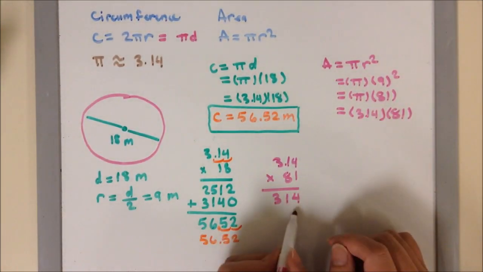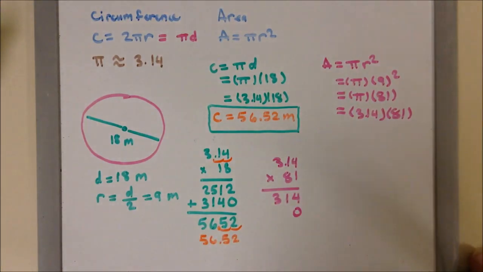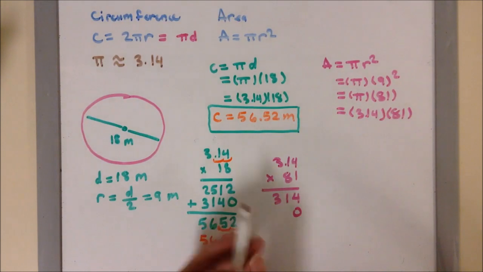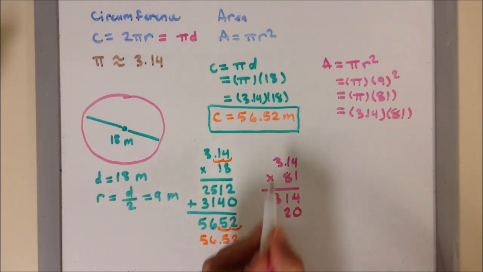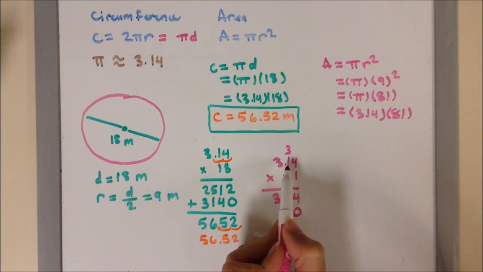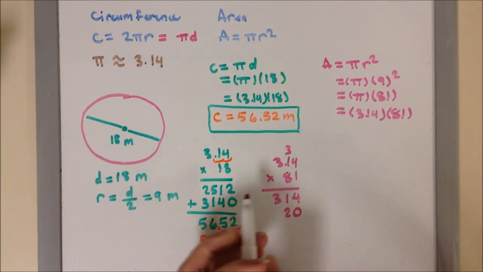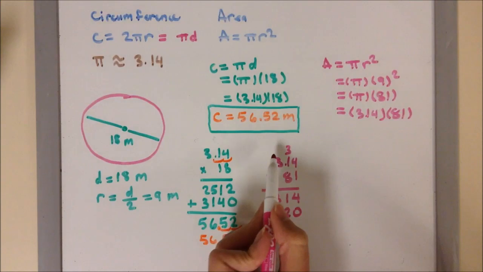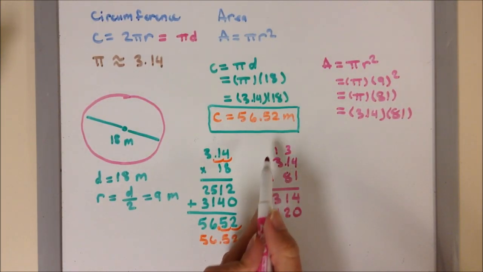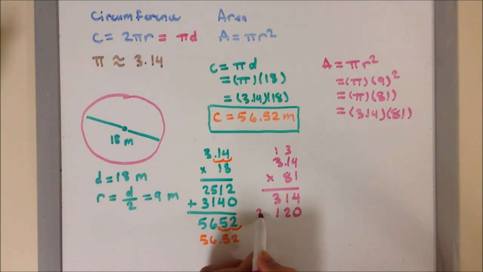So skip a space or add a 0. 8 times 4, that's 32. So put a 2 here and carry the 3 right here. 8 times 1 is 8 plus 3, that's 11. So bring down a 1 and then carry the other 1. 8 times 3, that's 24 plus 1, that's going to be 25.